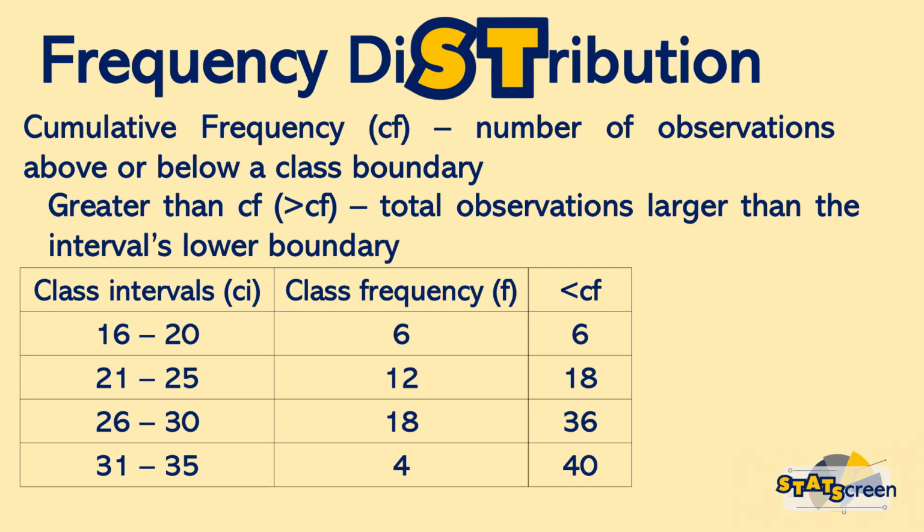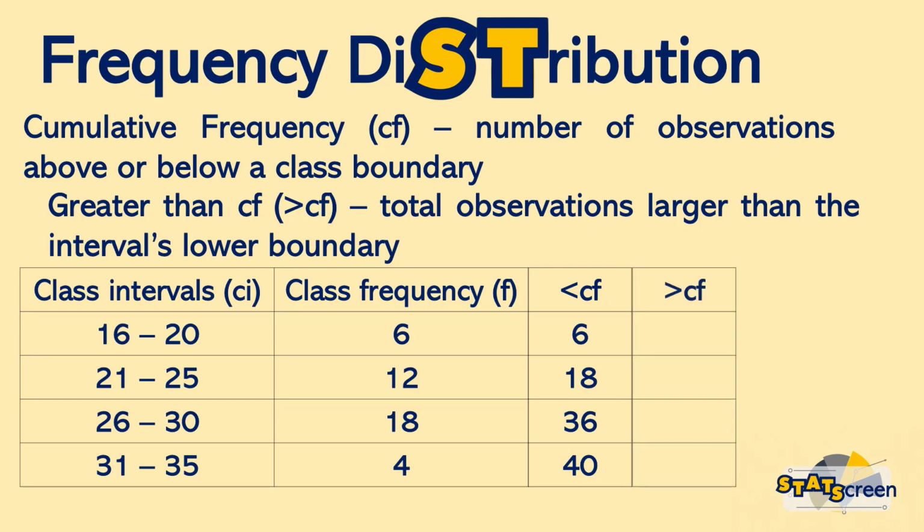Earlier, take note, for less than cumulative frequency, we started with the interval with the smallest value, and then we worked from there, adding all the frequencies and reaching 40. For this, let us start with the largest interval, because it talks about the total observations larger than the interval's lower boundary.